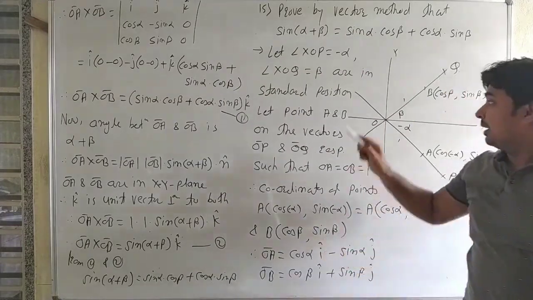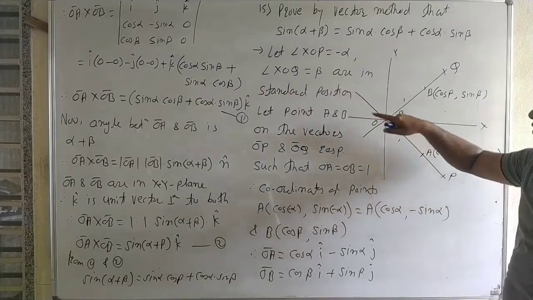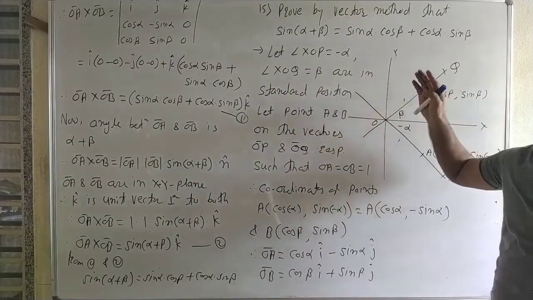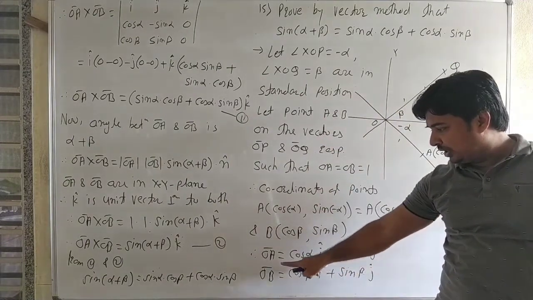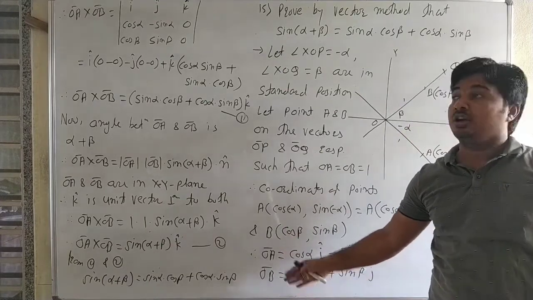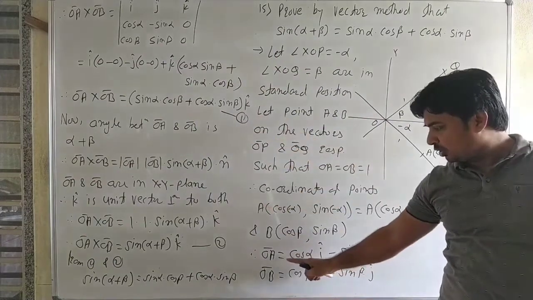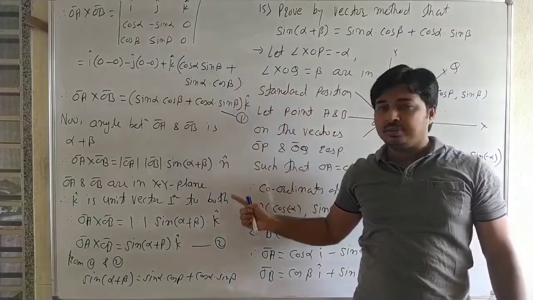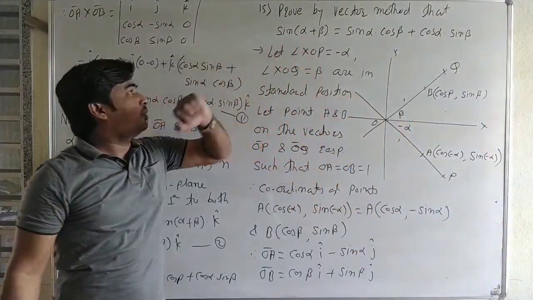By the vector method, take the angles alpha and beta in standard position, then take the vectors OA and OB with the coordinates of points A and B. Then we find the cross product by component and by definition, and compare the two. This gives the formula for sine A plus B.